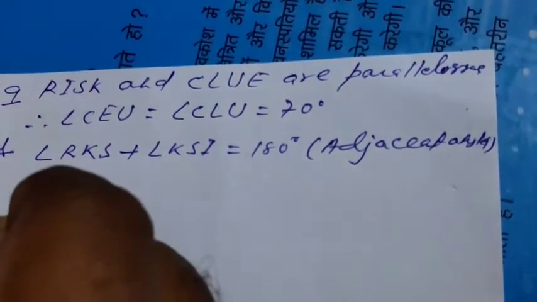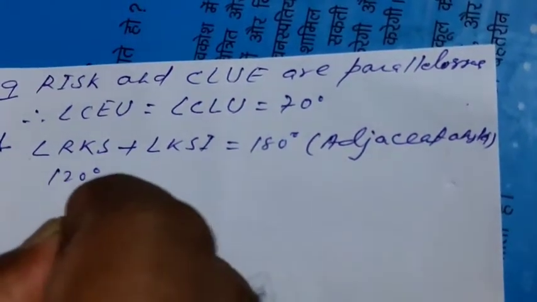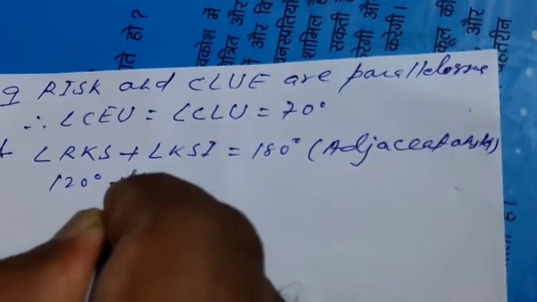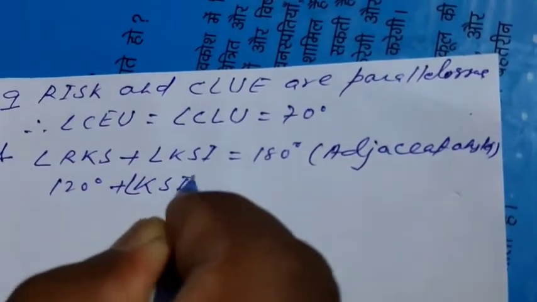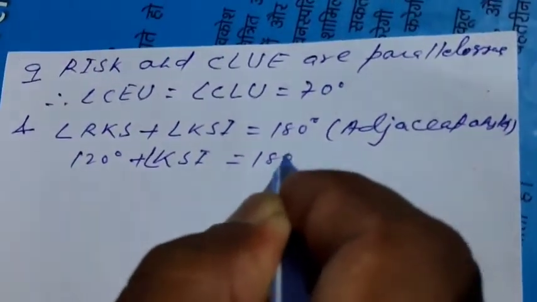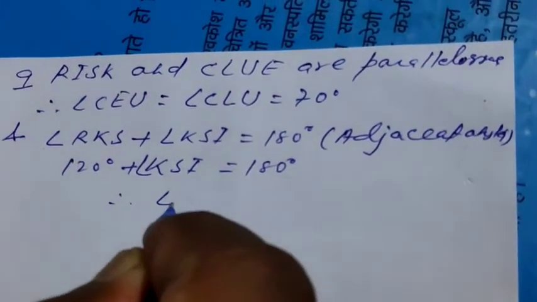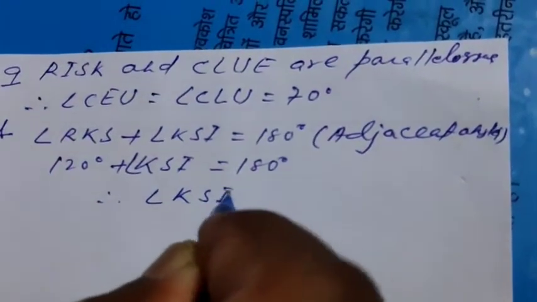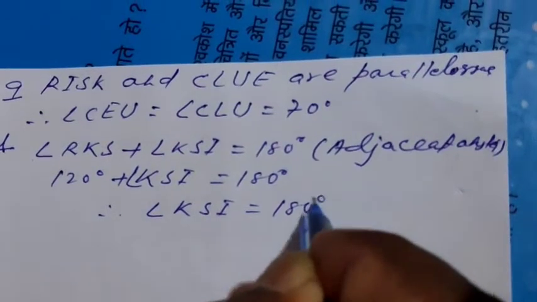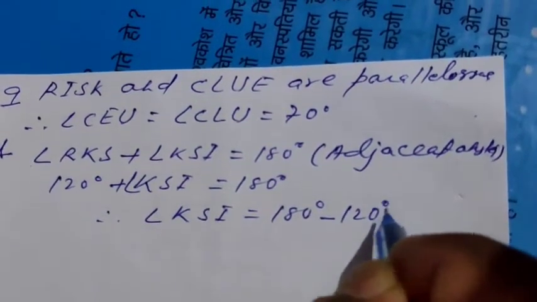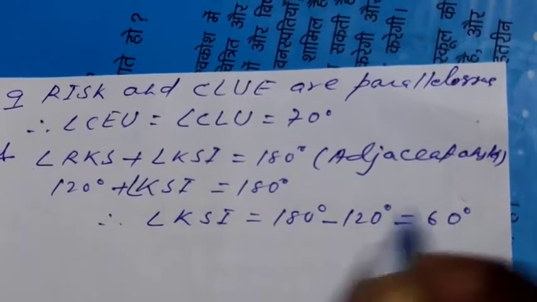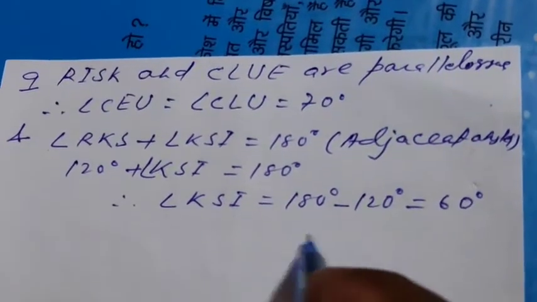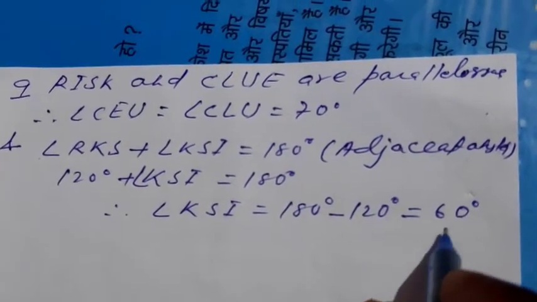And therefore 120 degree plus angle KSI equal to 180 degree, and therefore angle KSI equal to 180 degree minus 120 degree, that is 60 degree, and therefore angle KSI is 60 degree.